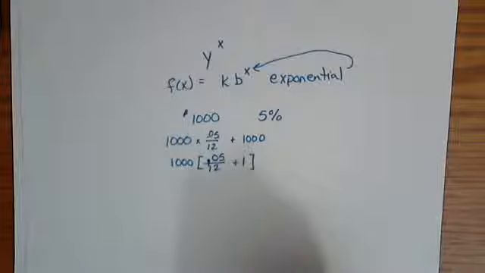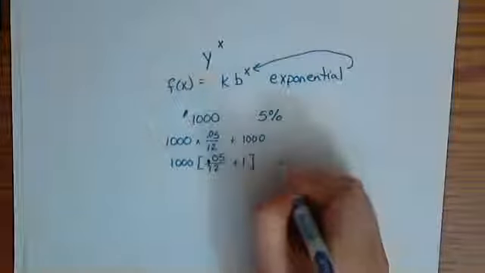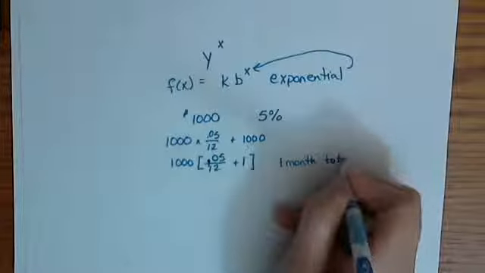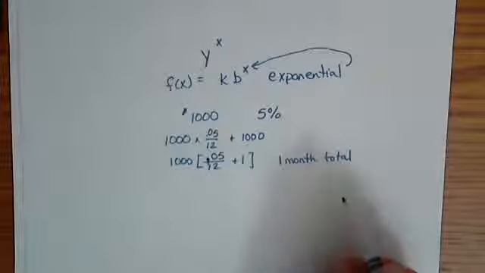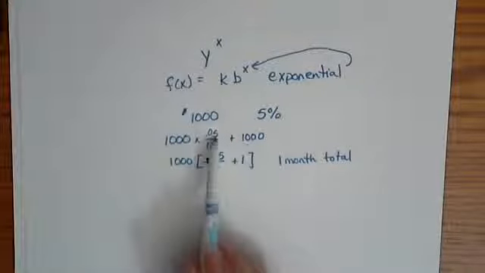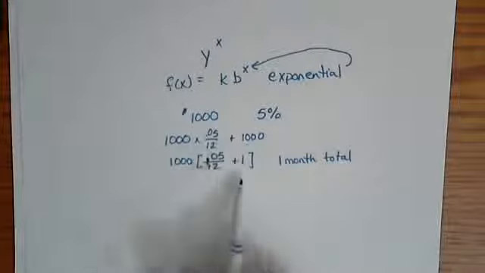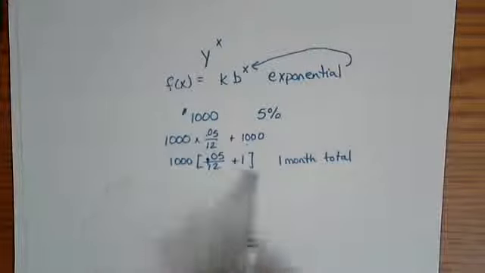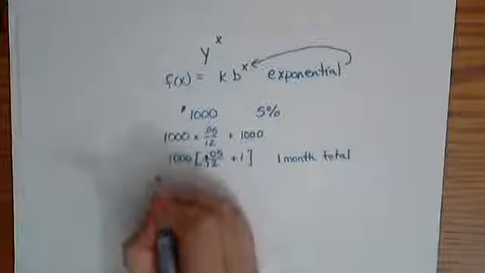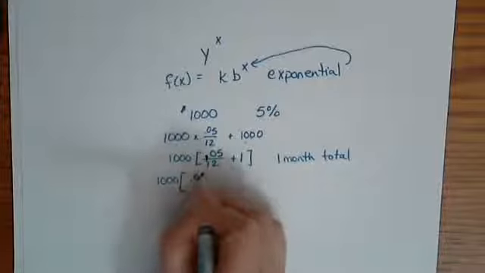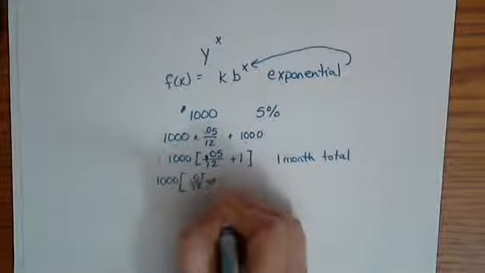Well, that's pretty cool, but that would be only after 1 month. If I wanted to find the amount I would have after 2 months, I would take this total and multiply it again by that 0.05 over 12 and then add to it the amount that I had. So I would be multiplying the 1,000 times the 0.05 over 12 plus 1.